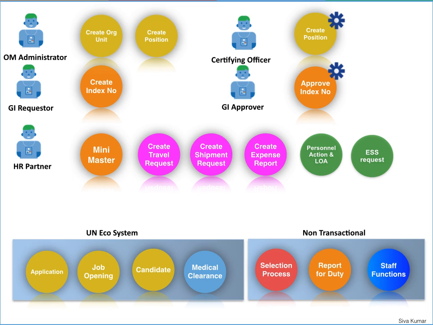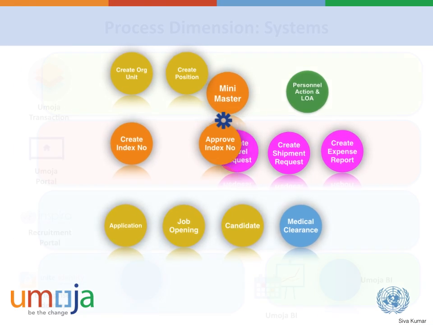The UN ecosystem consists of non-Umoja systems which are directly or indirectly connected to the Umoja application. What they are and how they relate here will be shown in the next dimension, systems.